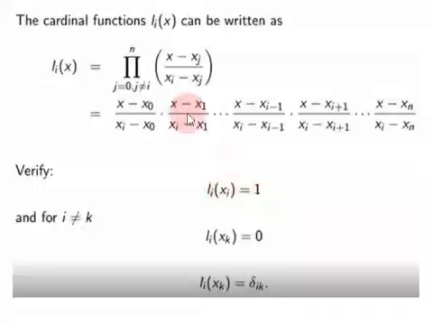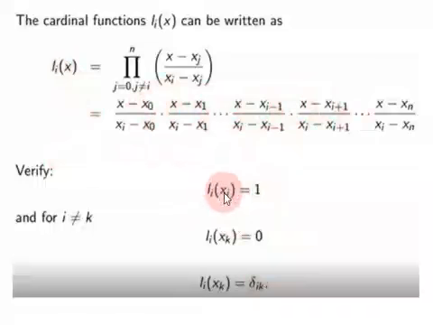The next one we can also cross off, and everything cancels. Ultimately we get this value.